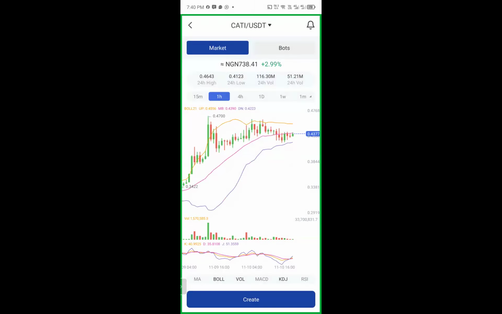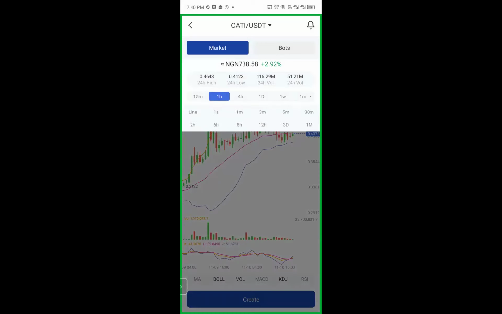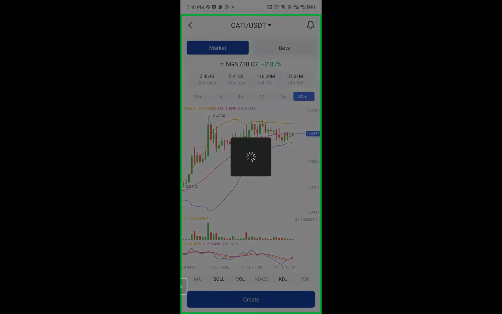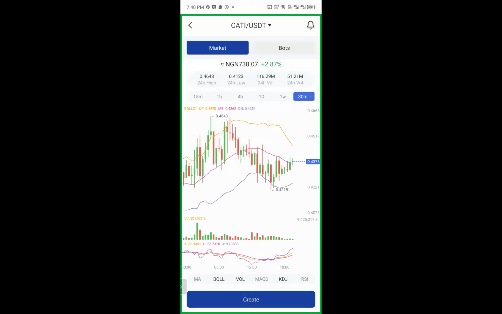Your 1 hour is okay. You check your 30 minutes. Your 30 minutes is okay. Once you see this trend, that means it is a step going up, as a multiple green candle.